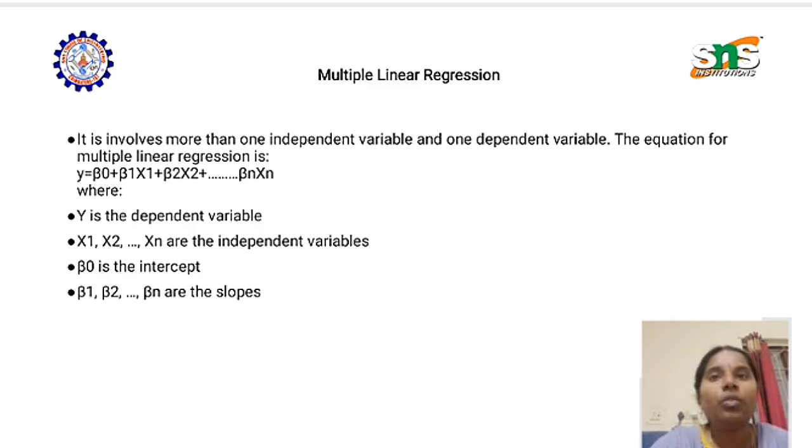The equation for multiple linear regression is y equal to beta 0 plus beta 1 x1 plus beta 2 x2 plus up to beta n xn, where y is the dependent variable and x1, x2 up to xn are the independent variables. Beta 0 is the intercept and beta 1, beta 2 up to beta n are the slopes.